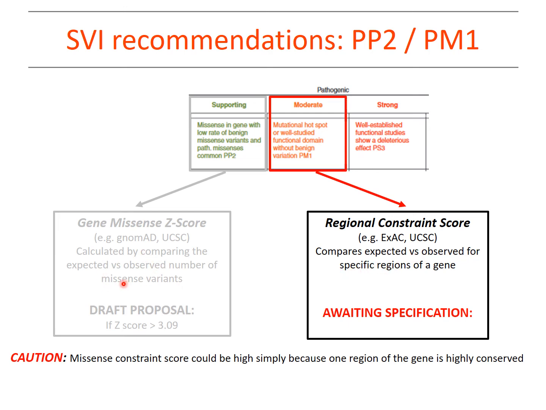So PP2 was dealing with the whole gene, and PM1 is dealing with a specific region of a gene. But again, you must be very careful, because a missense constraint score could be high simply because one region of the gene is highly conserved, but the rest of the gene is not. And this would then be PM1. And how can we analyze this data?